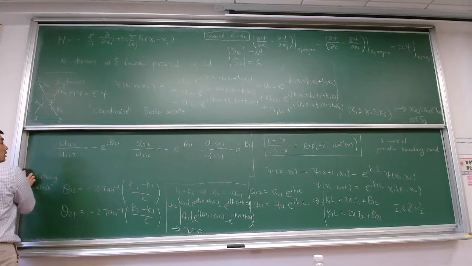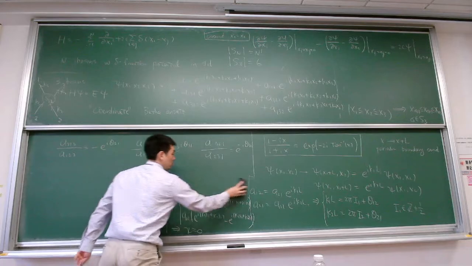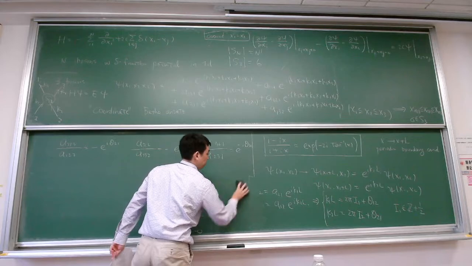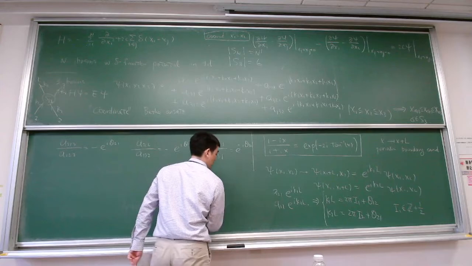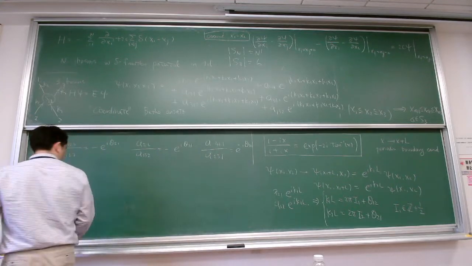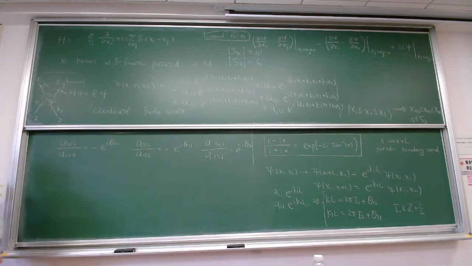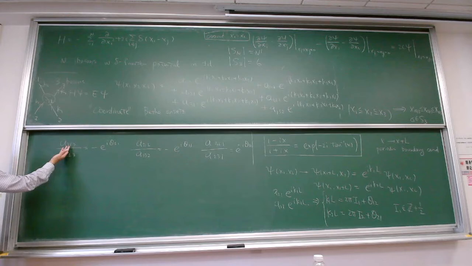You just define it this way. So you can also have a similar relation: I permuted the first two indices, and you can do the same thing for the last two indices.